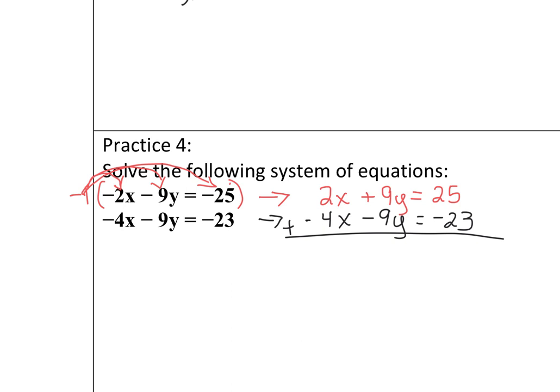All right, combine the like terms. So we have our negative 2x and our positive 2x and our negative 4x. So that's negative 2x. We have our positive 9y, our negative 9y. We're going to eliminate that. And our positive 25 and our negative 23, subtract.